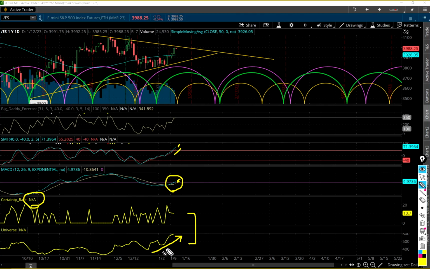But I could see that this is basically energy flow, and the energy flow that was coming in is the highest it's been in a long time. The only other time it's been this high was earlier in the year. So I didn't need to worry too much about using the certainty rate to make this trade right here.